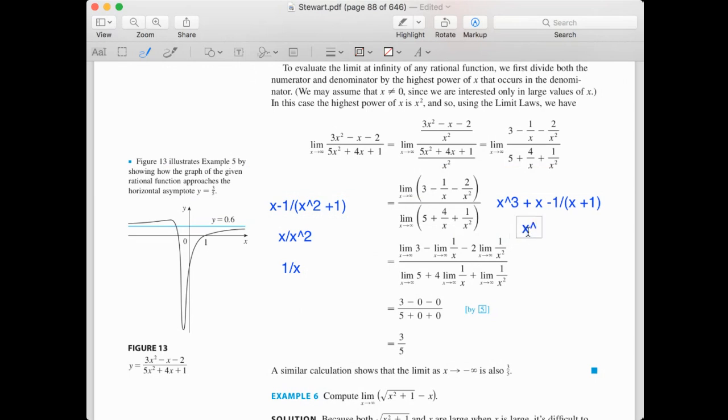When we ignore, we have x cubed divided by x. Well, what is that? That's just x squared. When x approaches infinity, what does x squared approach? Of course, infinity, right? Okay. Any other questions?